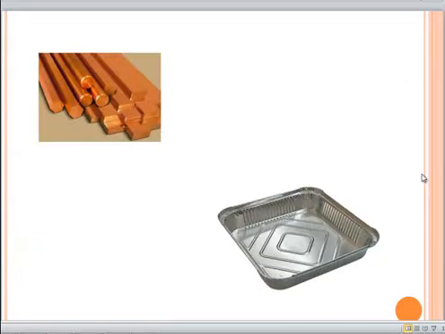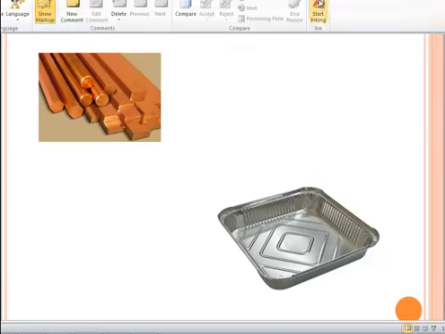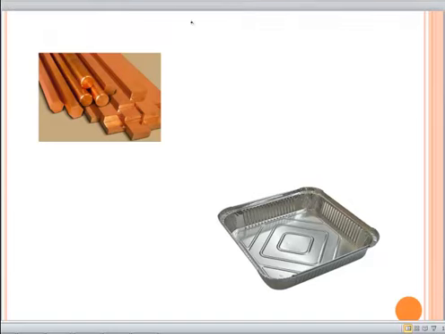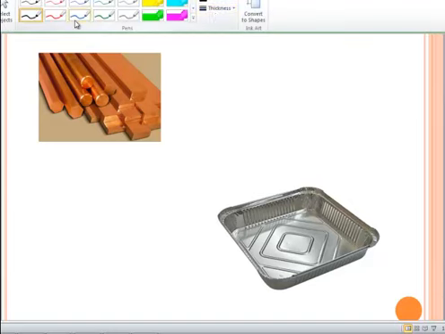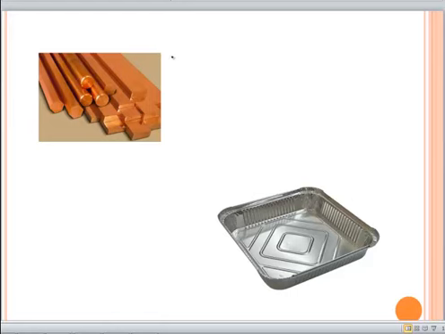One of the things you can notice in your daily life is that metals are all around, and some properties are really observable. In this case, this is copper, and this is aluminum.